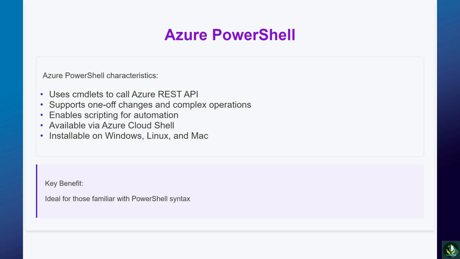For simple tasks, individual CMDlets can be run to make quick changes or retrieve information. For more complex scenarios, multiple CMDlets can be combined into scripts, enabling the automation of intricate processes such as setting up entire infrastructure environments or performing routine maintenance tasks across multiple resources.